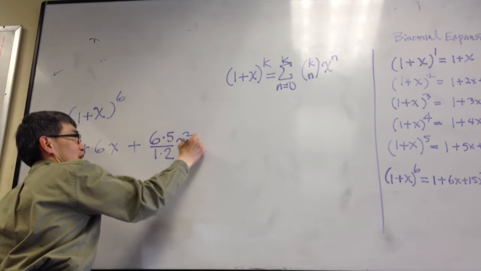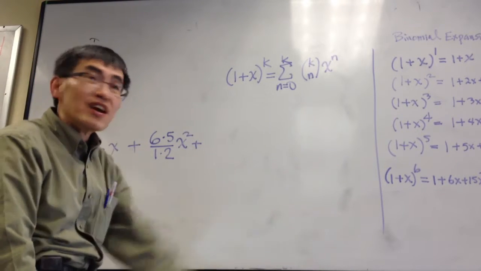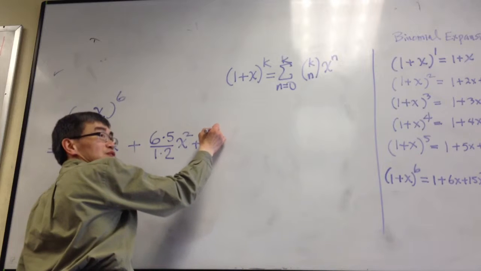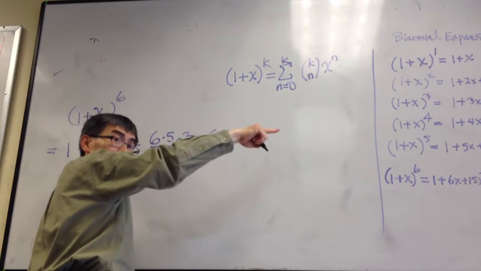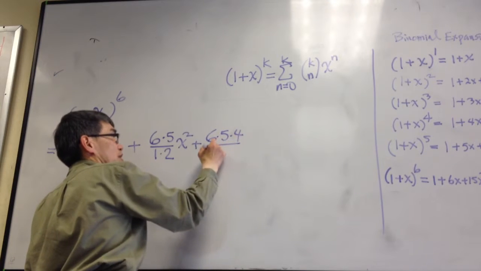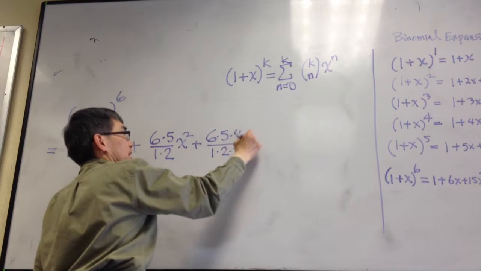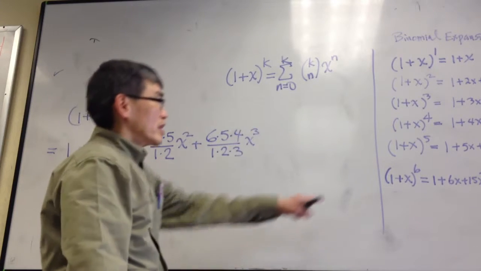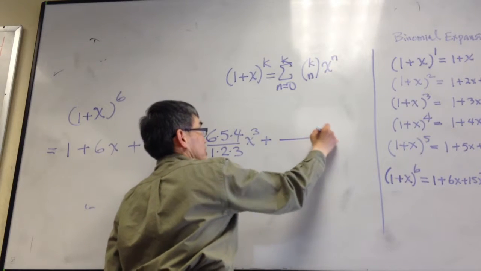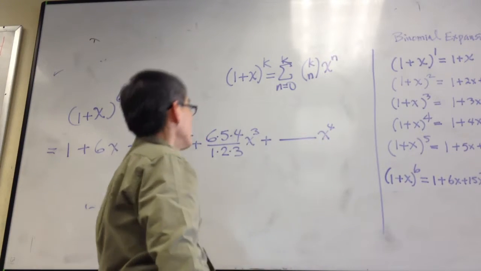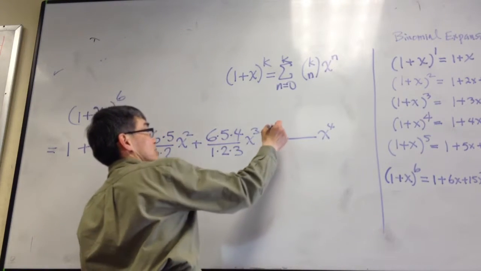Next term is x cubed, with coefficient 20. 20 turns out to be 6 times 5 times 4, counting down, divided by 3 factorial, counting up 1, 2, 3. Next is the x to the 4th power, with coefficient 15.